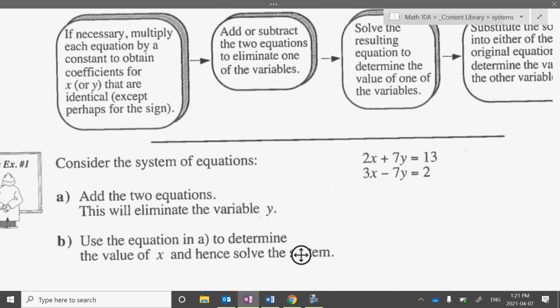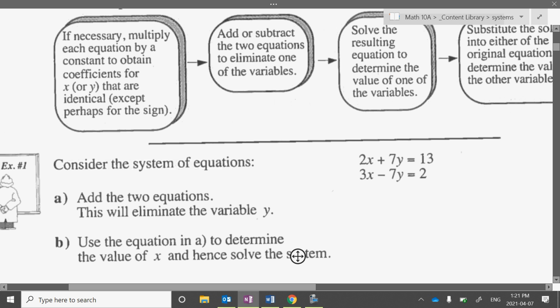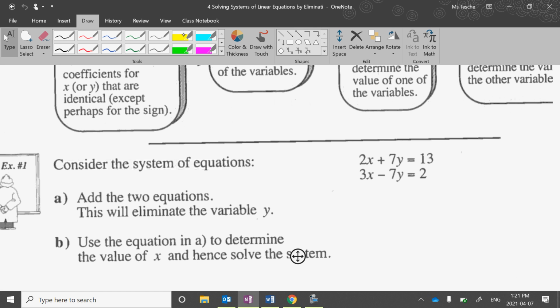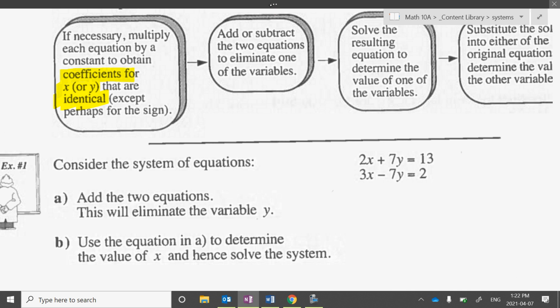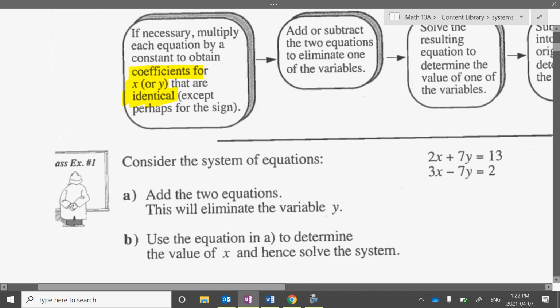When you're solving a system of equations, your step 1 is you have to make sure you have the same amount of a variable. So that way your coefficients for x or y, really key, not and, or y are identical. So what that means is, like in my first equation, you could have 2 x's, and the second equation also has 2 x's.